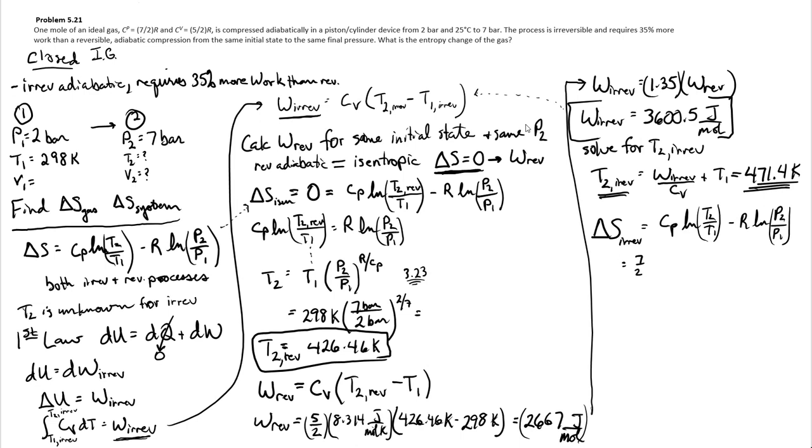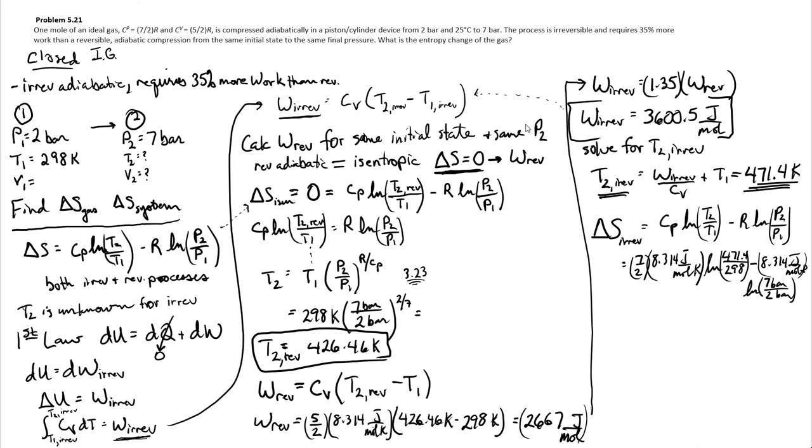That is 7/2 times 8.314 joules per mole Kelvin, times natural log 471.4 divided by 298. The Kelvins will cancel. Minus 8.314 joules per mole Kelvin times natural log of 7 bar over 2 bar.